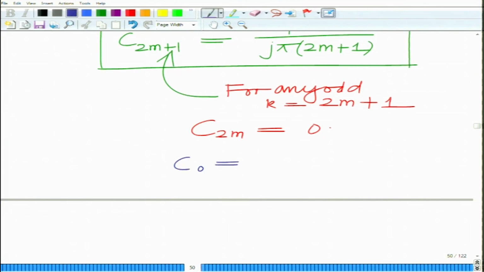And the DC coefficient, remember C naught, corresponding to k equal to 0, is termed the DC coefficient, which is simply 1 over T naught times the integral of the function over the interval of duration T naught.